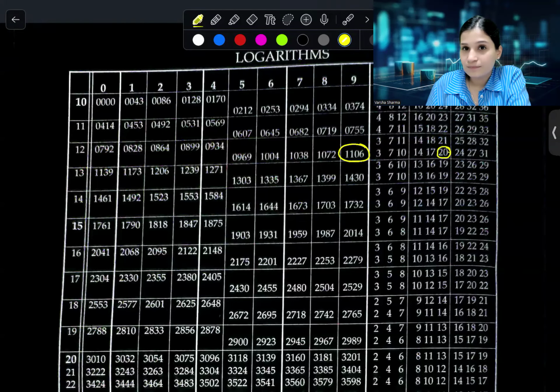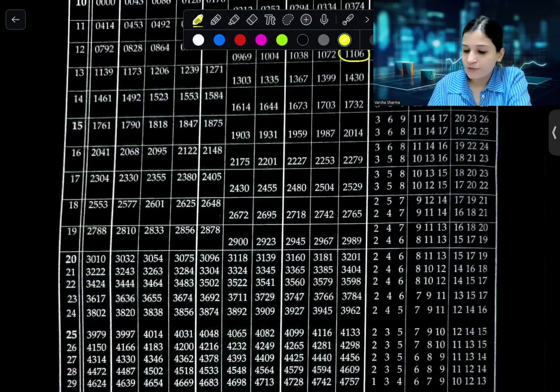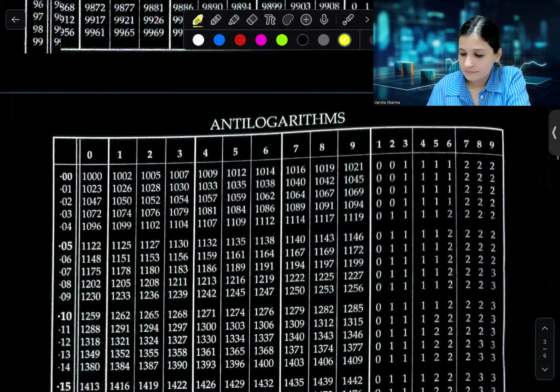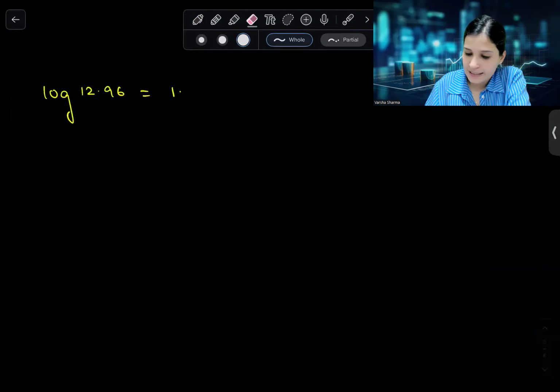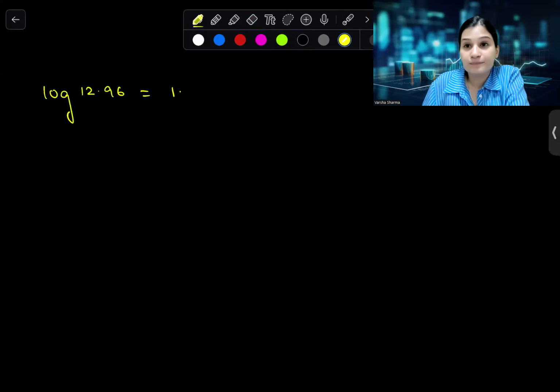So we will add them. What will we get as the mantissa? 1126.